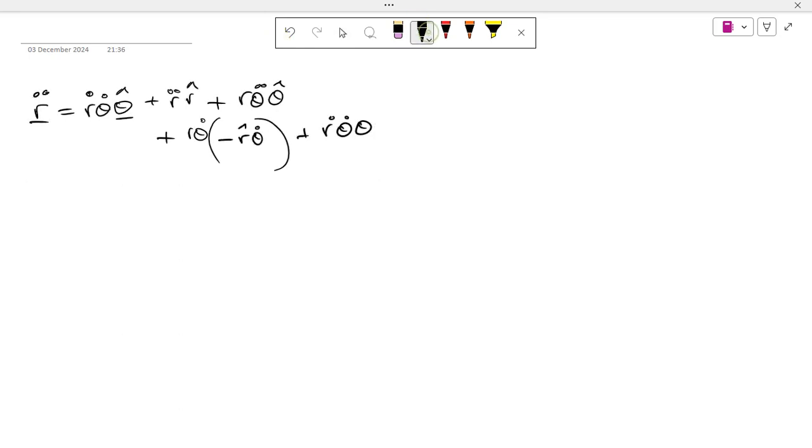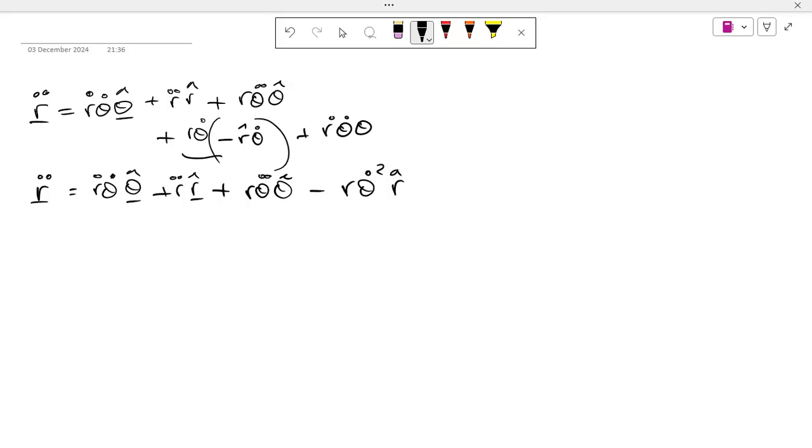So this simplifies to give r double dot equal to r dot theta hat plus r double dot r hat. I should really underline these vectors where they are vectors, plus r theta double dot theta hat minus r theta dot squared r hat.